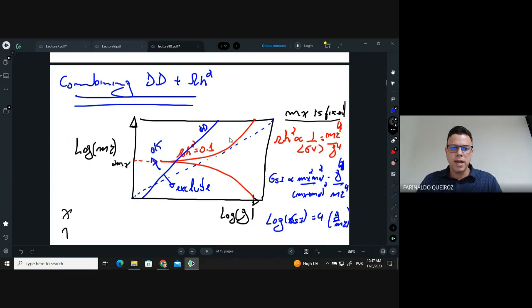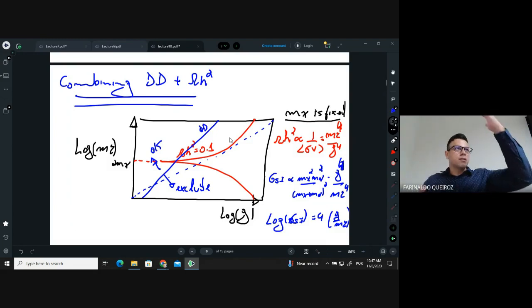Remember, the diagram I had was this one, right? And remember, this curve in red is for the relative density, not for the scattering cross-section. But I can now put everything together in the same plane because they are related to the same diagram. I just rotated.